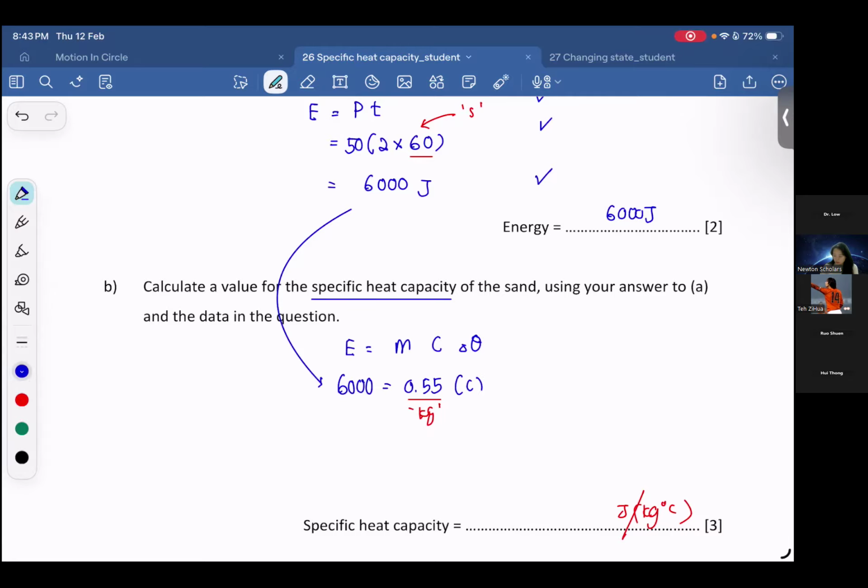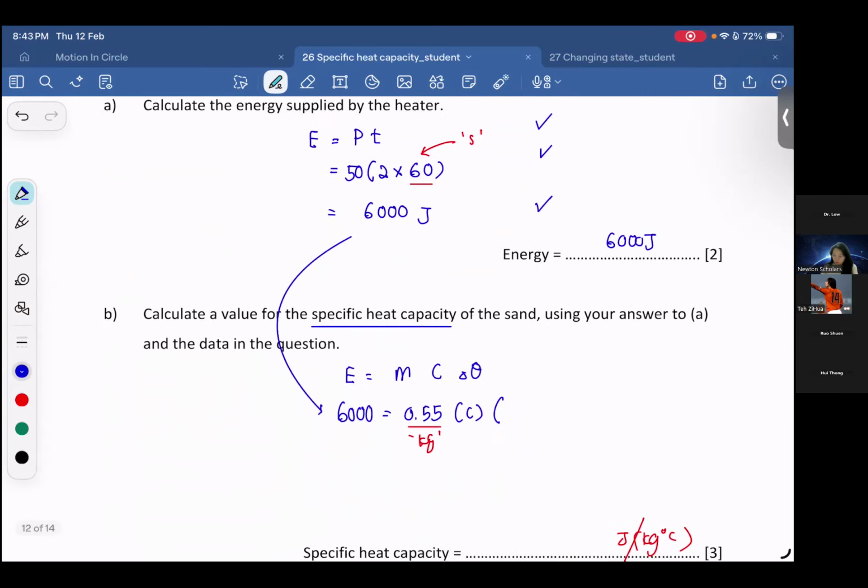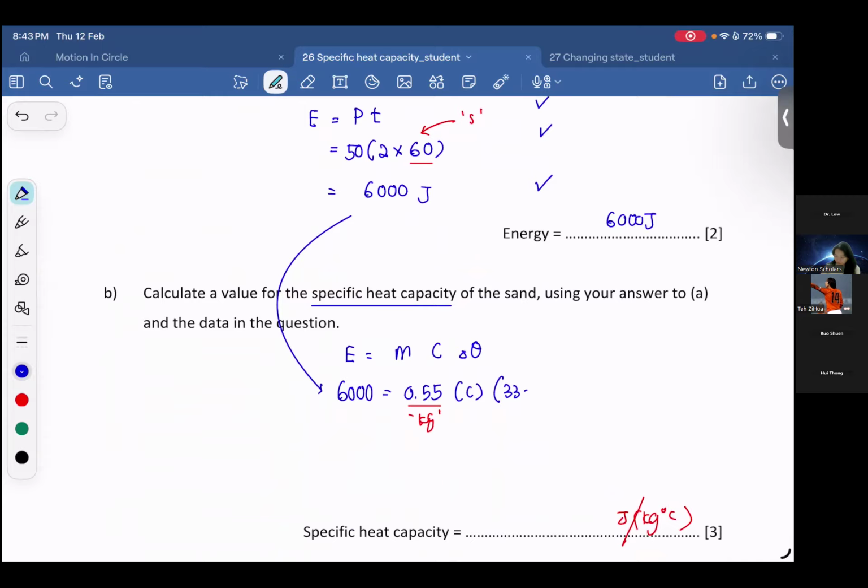So C is unknown. Change in temperature, 33 minus 20. So if you do everything correct, the sand specific heat capacity for the sand should be 839 joule per kg per degree Celsius. Or we accept the answer 840. 2 to 3 significant figure.